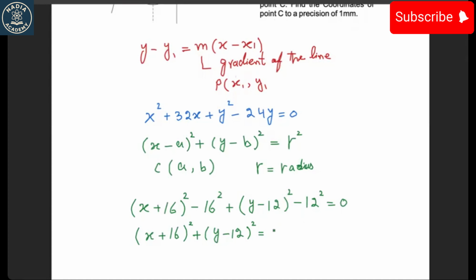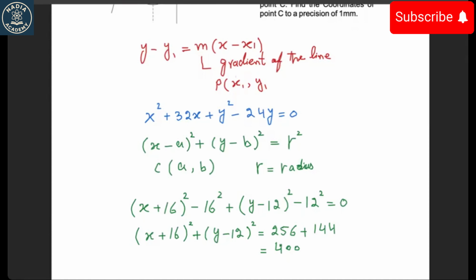On the other side of the equation, they will be positive. So the square of 16 is 256, plus the square of 12, which is 144. So this sum is equal to 400.